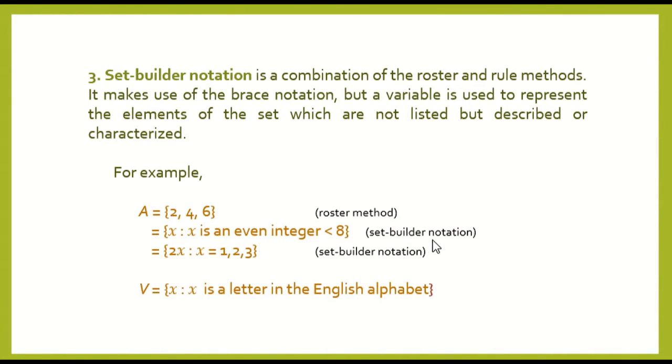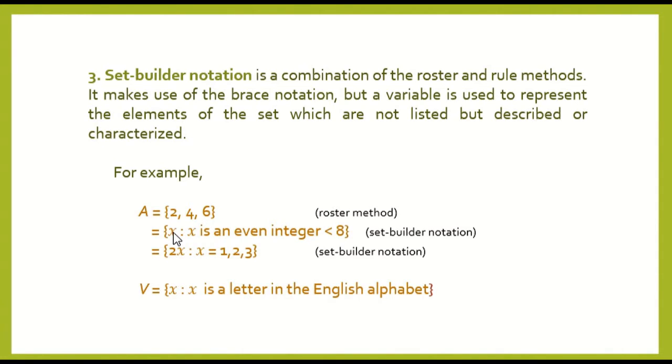In set builder notation, we have here a representation x for the elements of set A. So, {x | x is an even integer less than 8}. This is how we write the set in set builder notation.